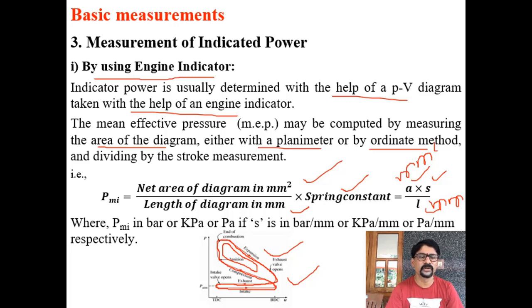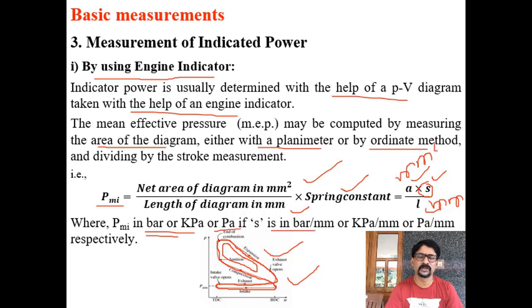Now the unit of this PMI is decided by the unit of the spring constant, or S. So PMI can be in bar, kilopascal or pascal, depending upon the spring constant S. Suppose A is in millimeter square, L is in millimeter, and S is in bar per millimeter.